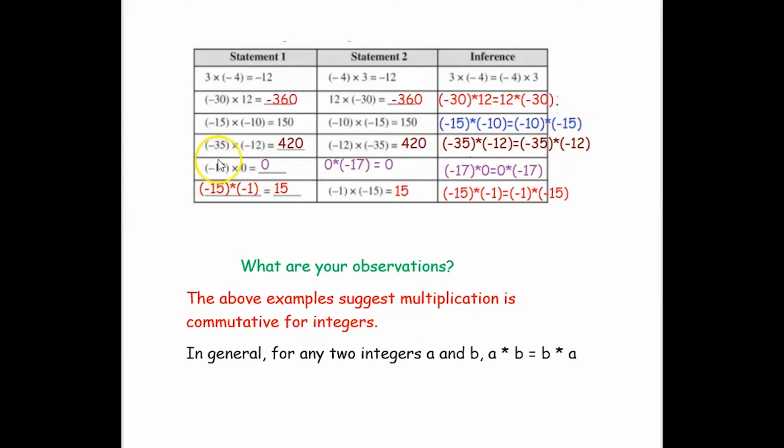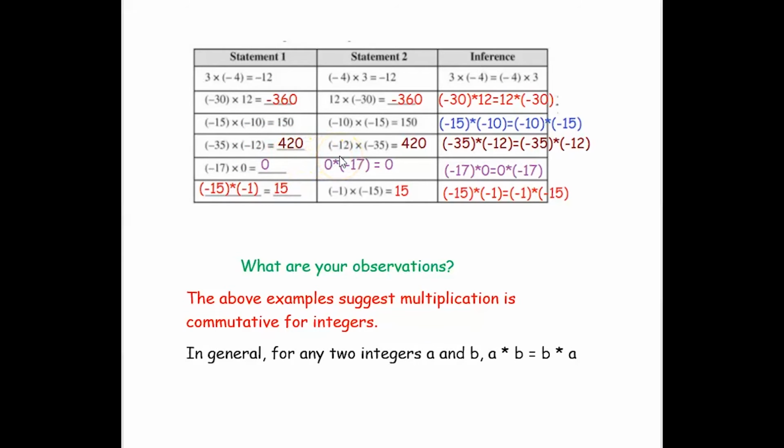Next statement is negative 35 into negative 12. So here also two negative integers. So we are multiplying the integers and product of two negative integers is positive. So we are writing positive in the front. So 35 into 12 is 420 and it is positive 420.